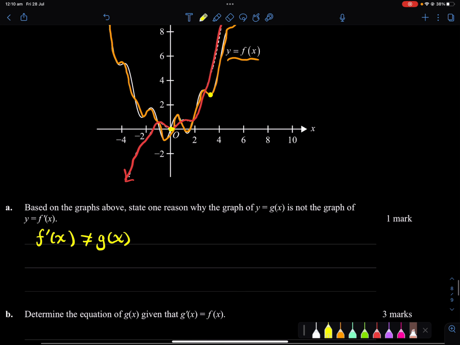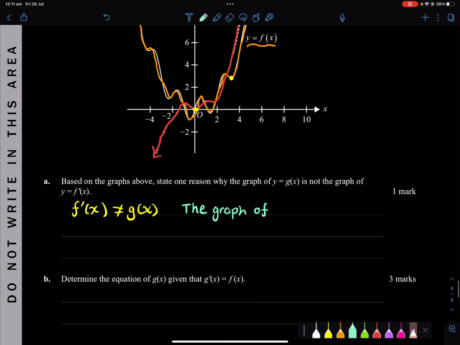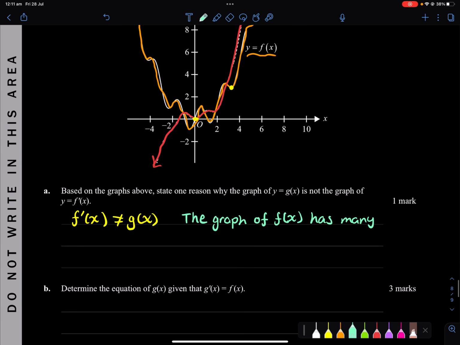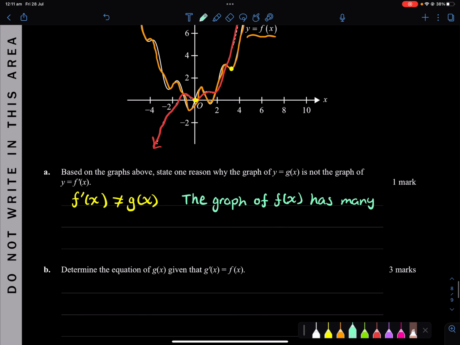So based on the above, the reason why the graph of g is not the graph of f dash of x is that the graph of f of x has many turning points.